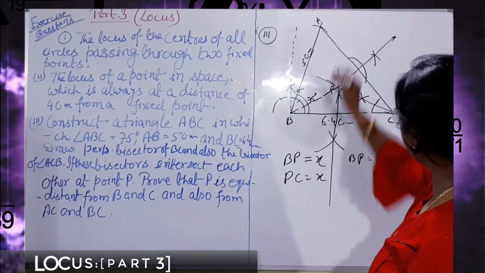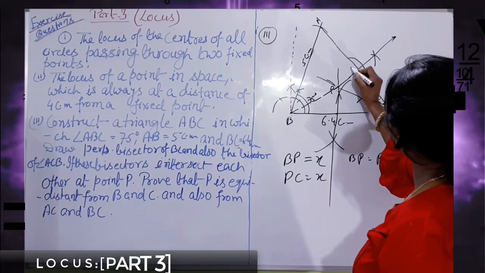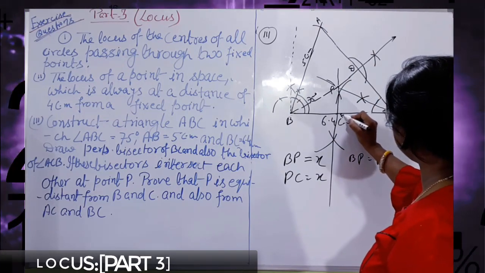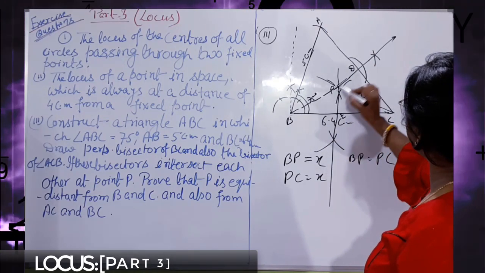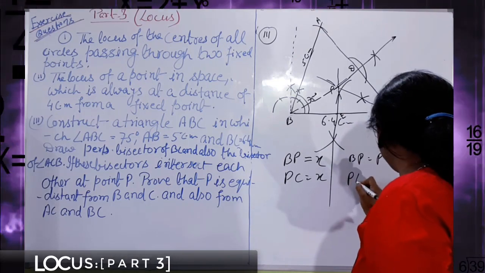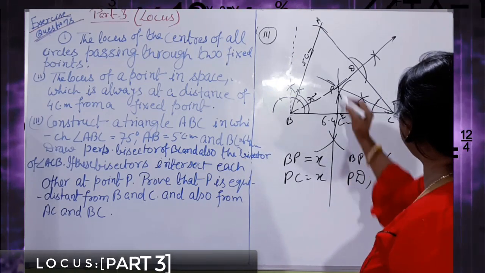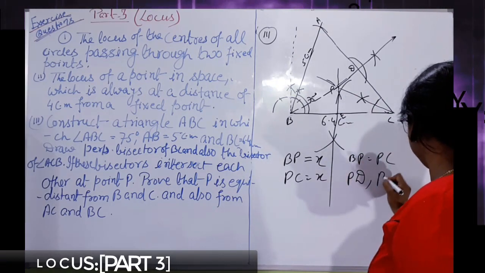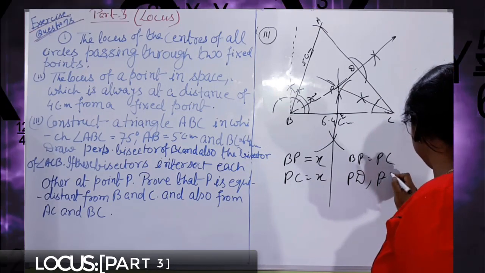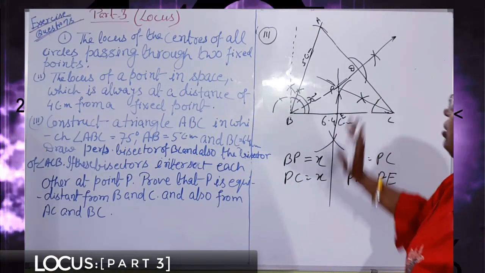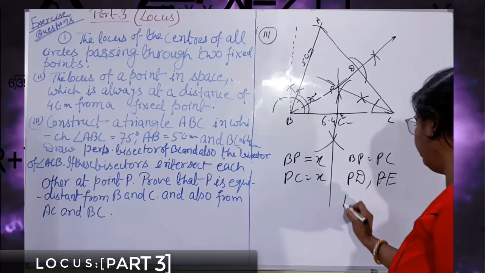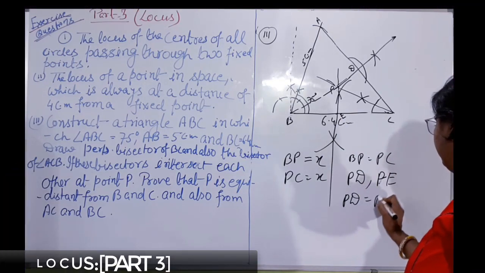Suppose their names are D and E. Now find out with a scale the length of PD and the length of PE. If your construction is correct, we will find PD equals PE.